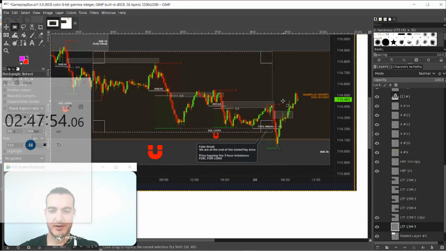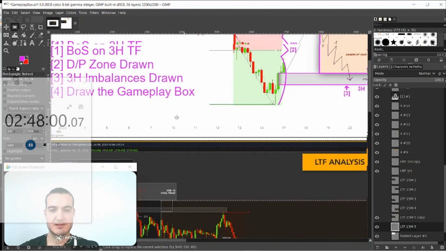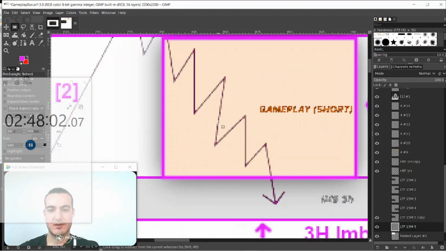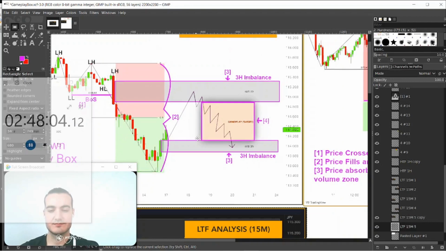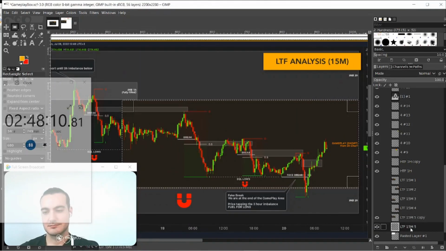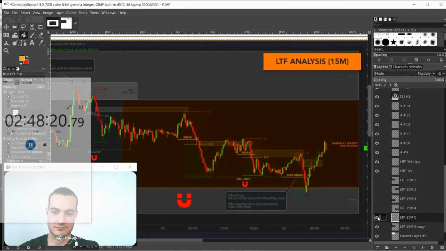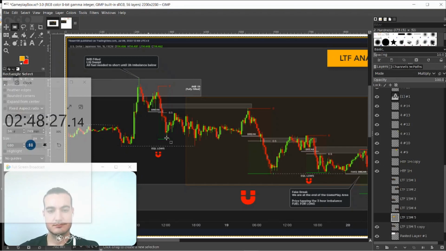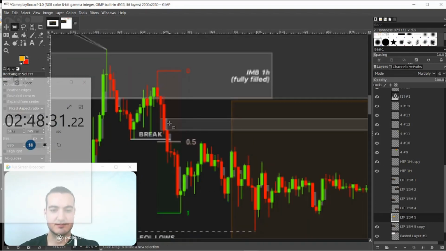So we'll start by redrawing the gameplay area that we first established on the 3-hour time frame. Next, we'll fill in the 15-minute imbalances.